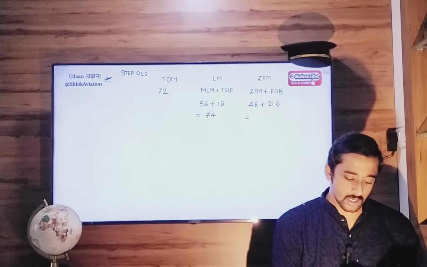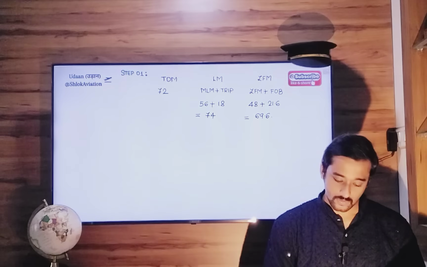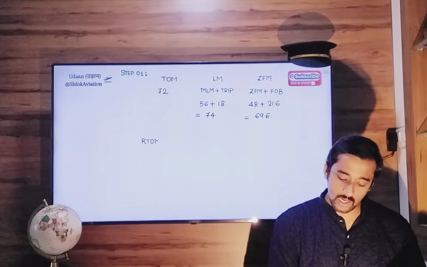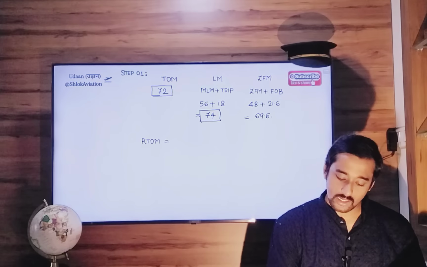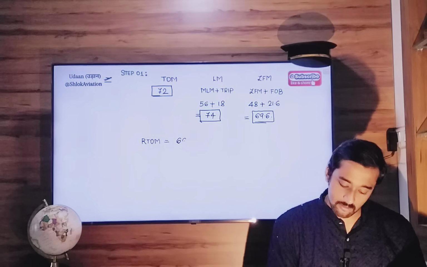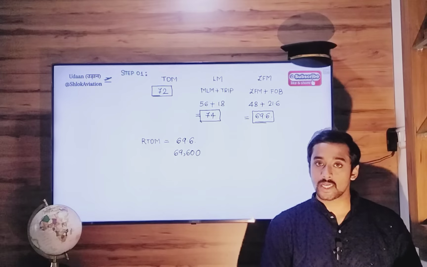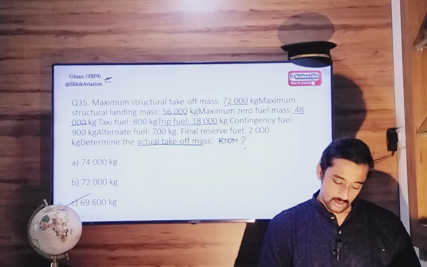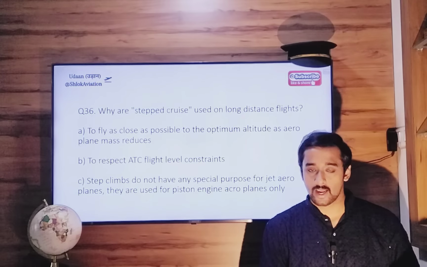Now 48 plus 21.6 is 69.6. Now your regulated takeoff mass will be that mass which is the lowest of all these three values: 72, 74, 69.6. So the lowest value here is 69.6. So 69,600 becomes your regulated takeoff mass. Option Charlie.